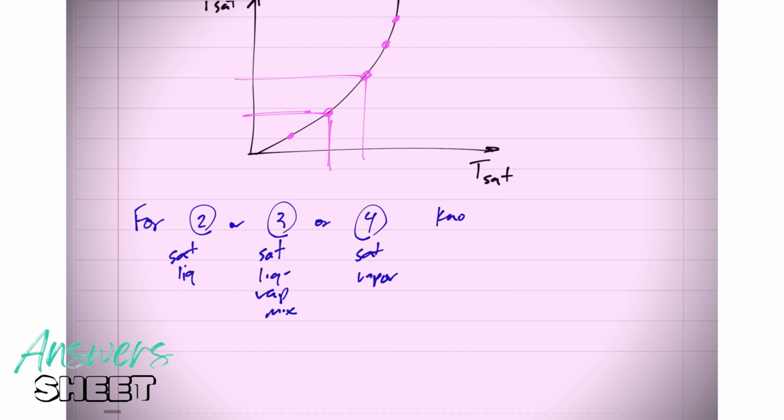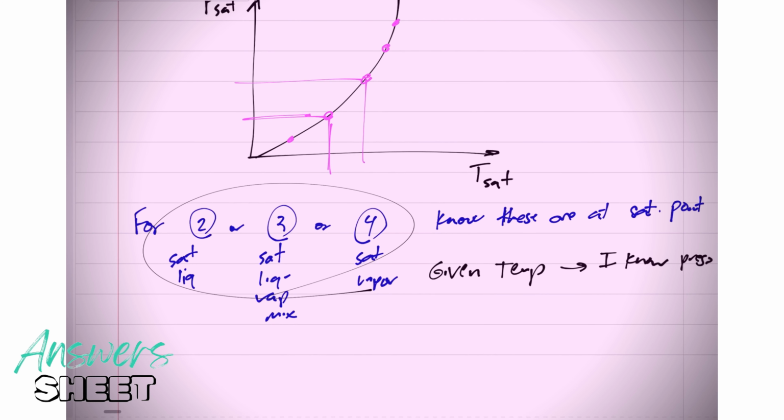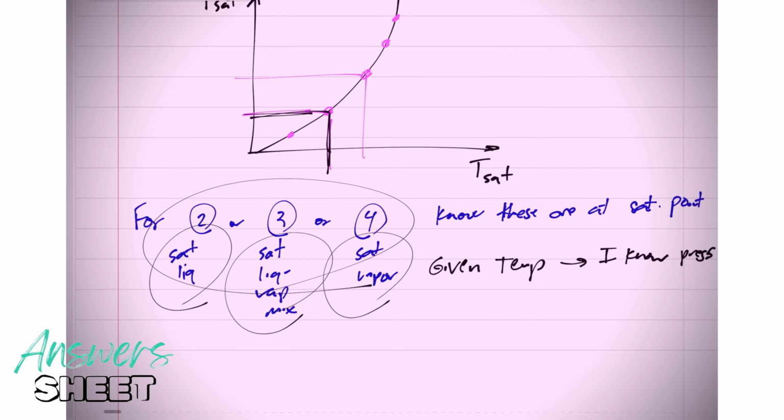So if you are given the temperature, and I'm at point 2, 3, or 4, then I know the pressure. I don't need any other information. If I know it's water and I know the temperature, and I know it is either a saturated liquid, a saturated vapor, or a saturated mixture, then from the property table, I can get the pressure.